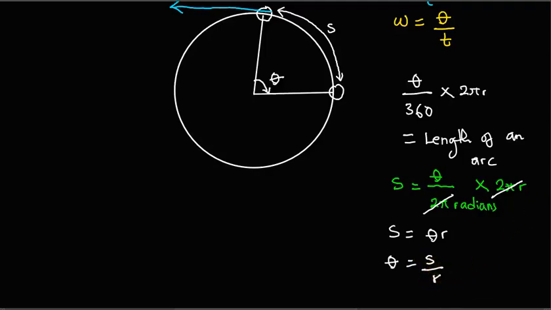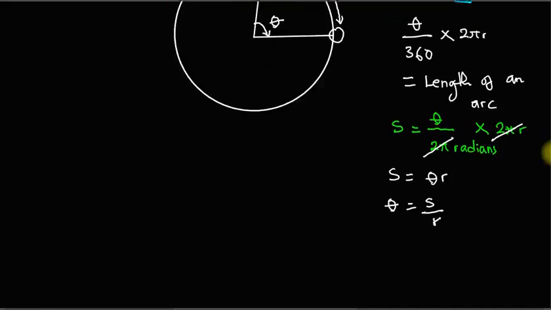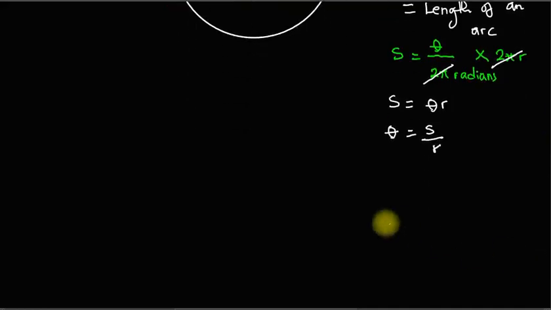Now recall that from this equation right here, we have theta. So in place of theta here, we're going to put this value. Let's do that right now. W is equal to theta, that is angular displacement over time. And now we have come to realize that theta itself is equal to S over r.